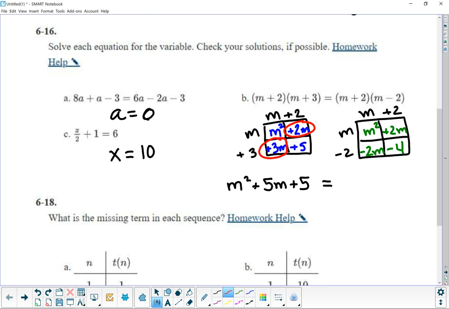When I combine them, I have m squared, and then when I combine negative 2m and positive 2m, they're opposites and that just goes away, so that's 0. And then I still have the minus 4. Okay, if you need to pause it and look at it for a bit, do it. If not, I'm going to erase it.